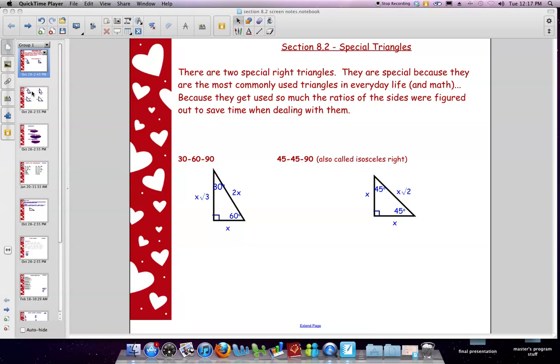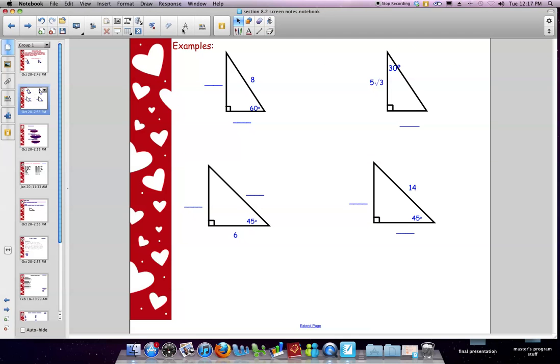Okay, let's try some of these examples. Okay, so example number 1. I give you that you have a 60-degree angle and a right angle, which means then that this one would have to be 30. So you know it's a 30, 60, 90 triangle, and the length of the hypotenuse is 8.